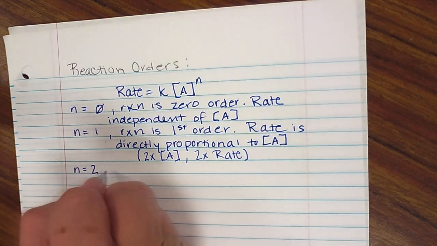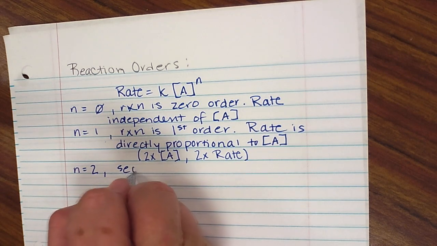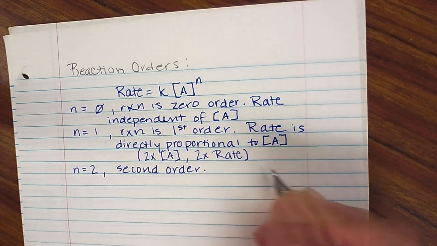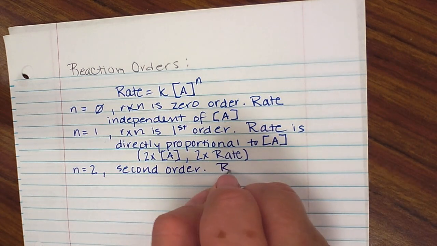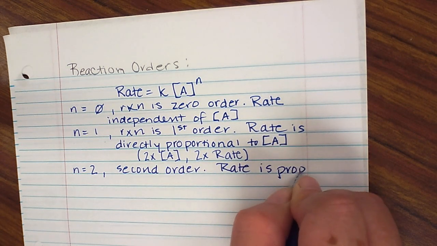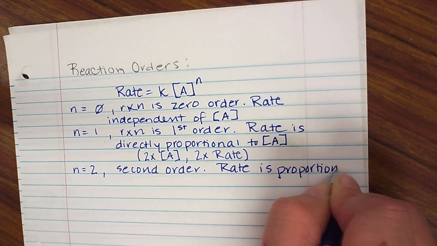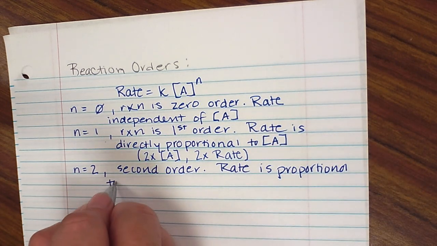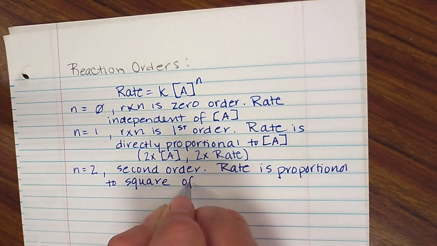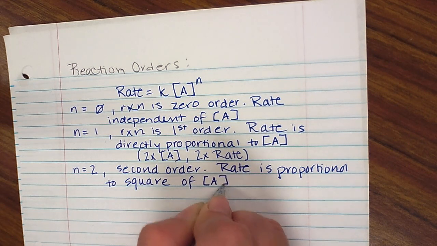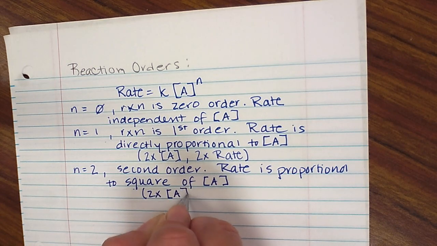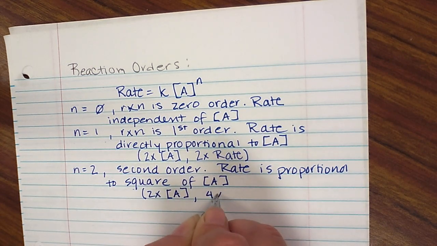n equals 2, second order. The rate is proportional to the square of the concentration of A. So this is where we say 2 times the concentration of A, 4 times the rate.